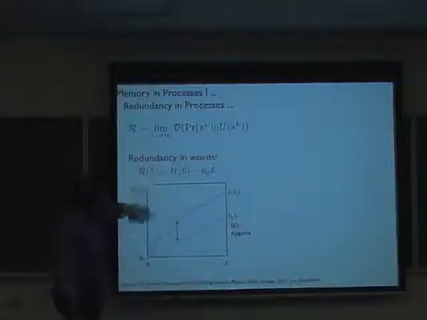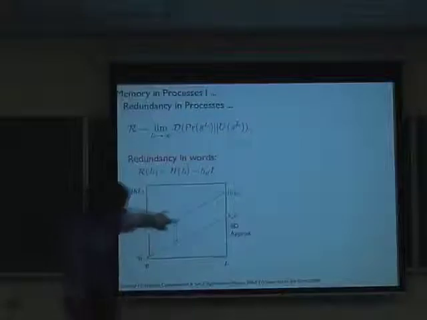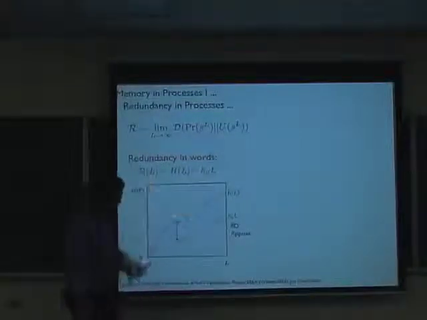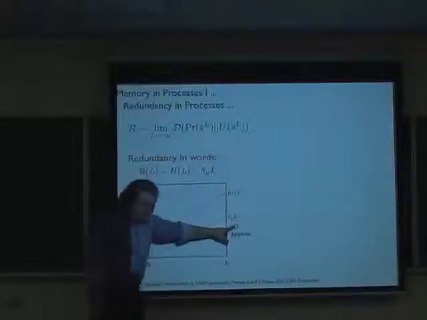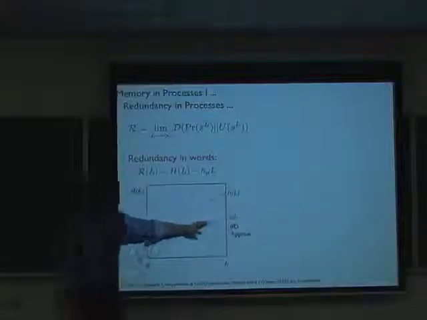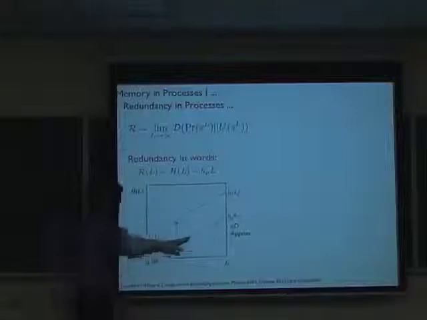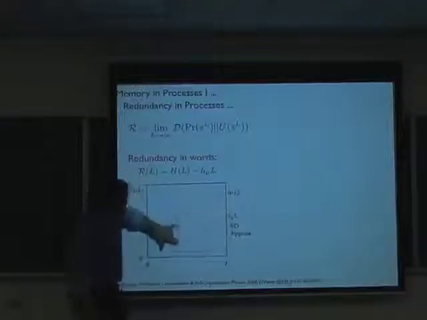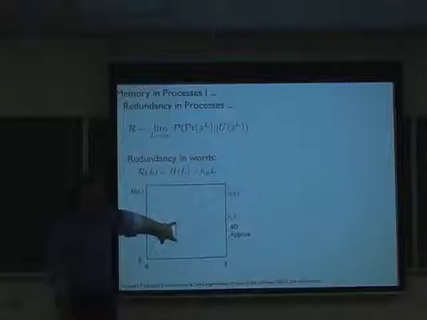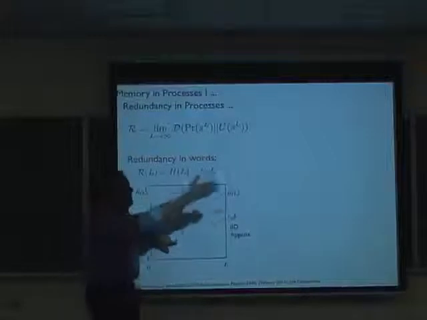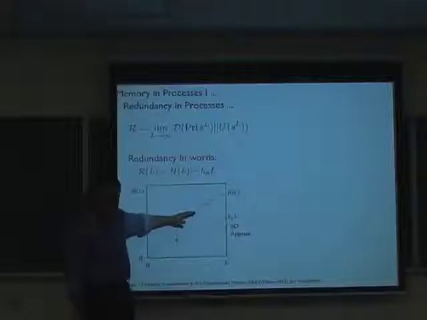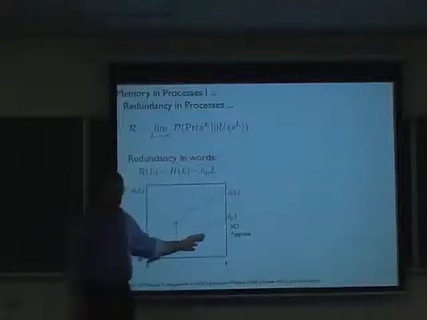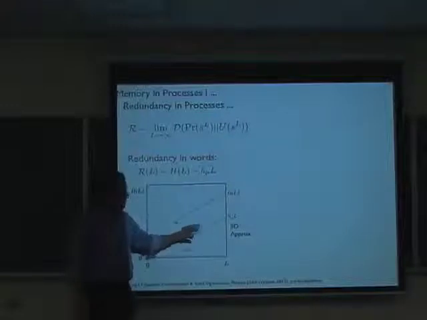So if we now plot a generic block entropy curve and compare that to what would be an IID approximation, imagine an IID process that has the same entropy rate. That's a memoryless process, so it goes back through 0 and has the same slope as this does up here. And then there's this distance between the two. We're using more information in H of L than, at least if we looked at very long words, would be necessary. So this distance is a measure of redundancy. We're comparing our source to a biased coin that just has the same degree of randomness.